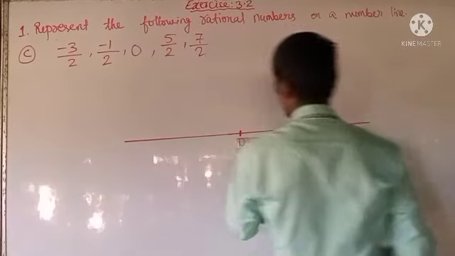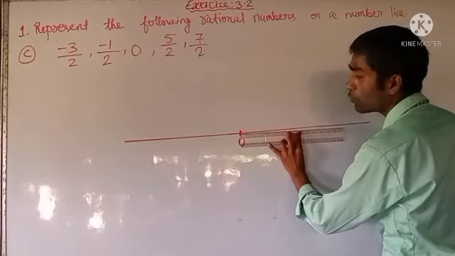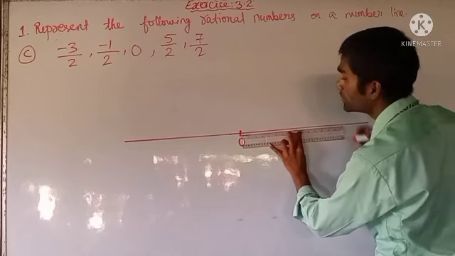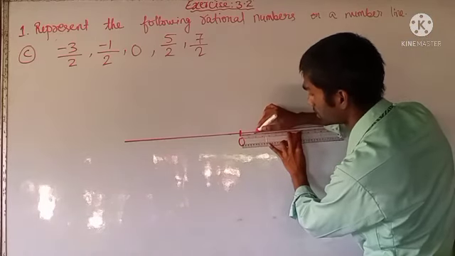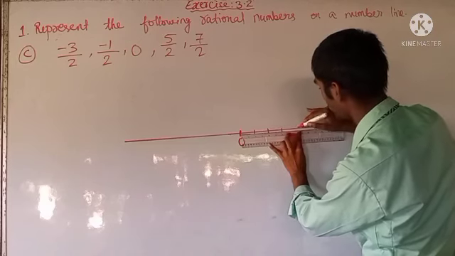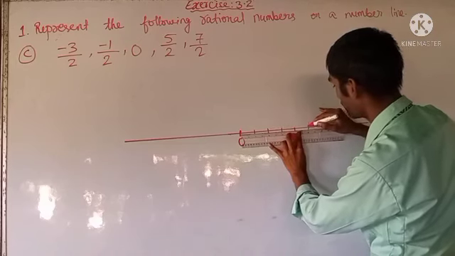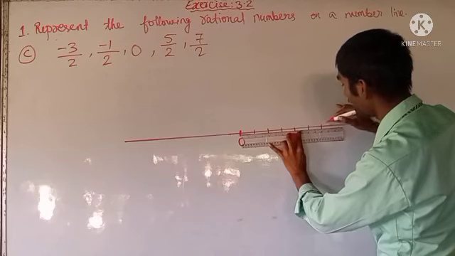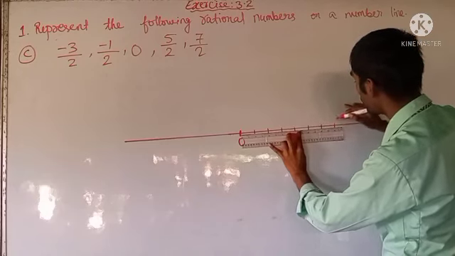So here on the right hand side you take 1 centimeter as 1 unit and you start marking the points in this way. You will have to take 1 centimeter as 1 unit.